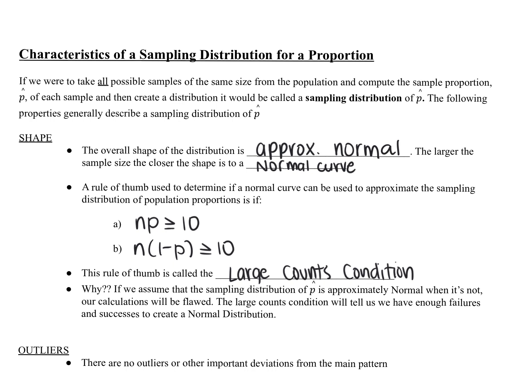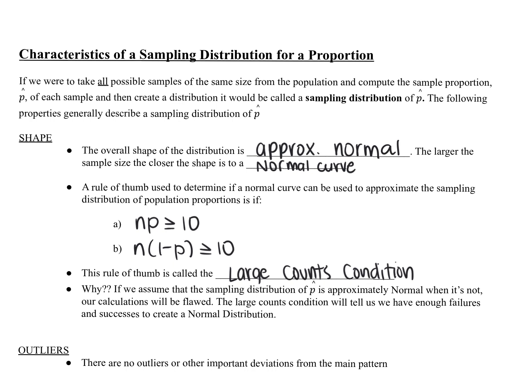A rule of thumb used to determine if a normal curve can be used is to check that you have enough successes and failures in your sample. n times p represents your successes, your sample size n times your parameter p, and that has to be greater than or equal to 10. 1 minus p represents your failures, so n times 1 minus p also has to be greater than or equal to 10, and this is called the large counts condition.